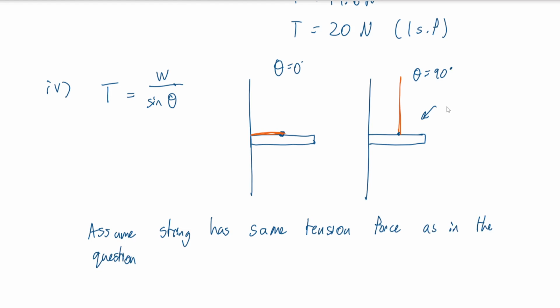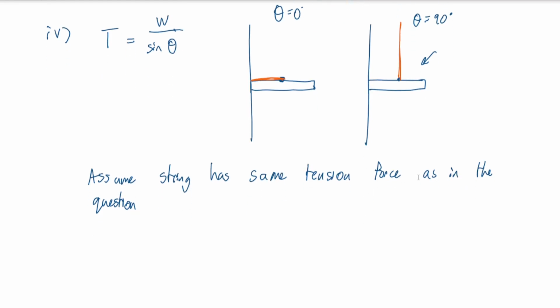In other words, like this string can only support so much weight as defined by its tension force. But what we can adjust is the angle. So in order to increase the weight force that the seat can hold.